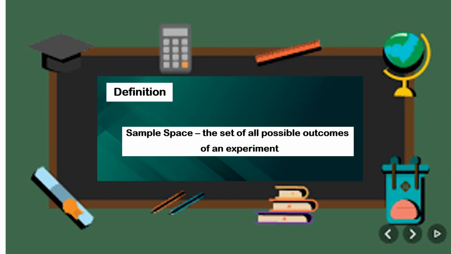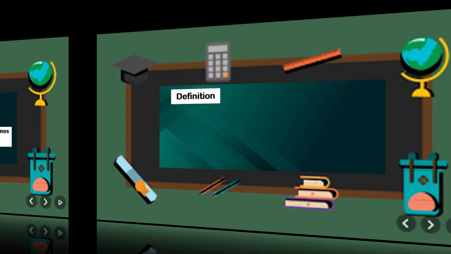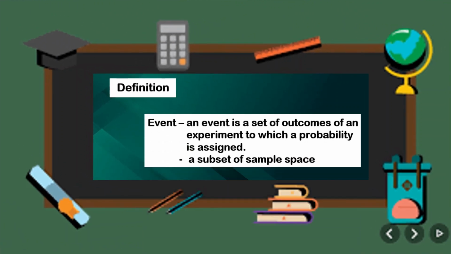Now after sample space, we have the fourth term, event. An event is a set of outcomes of an experiment to which a probability is assigned. So here it's getting higher. There will be a condition already, or a problem already asking how much chance something has of happening.